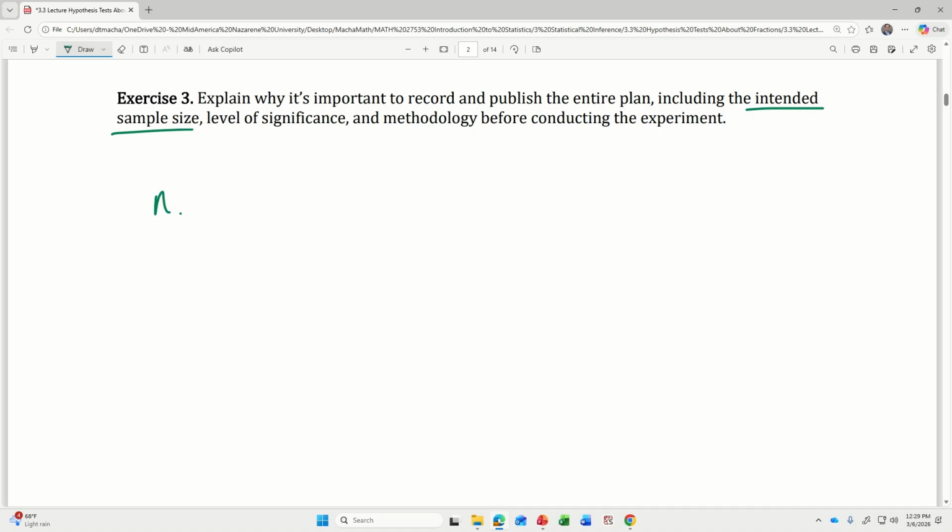Suppose that what I'm trying to show is that a certain fraction is greater than a half. Let's say that's my alternative hypothesis. I want to show that this fraction is greater than a half.